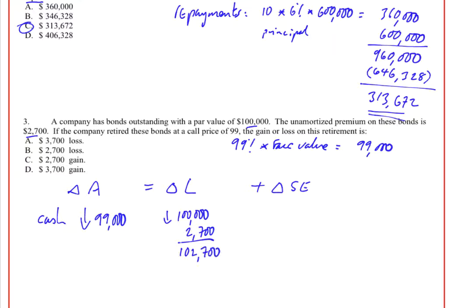So liabilities go down by 102,700, cash goes down by 99,000, and so it must be that stockholders' equity goes up by the balancing figure, which must be 3,700. So in effect, there's a gain on redemption of the bonds. And so the gain or loss is a $3,700 gain.